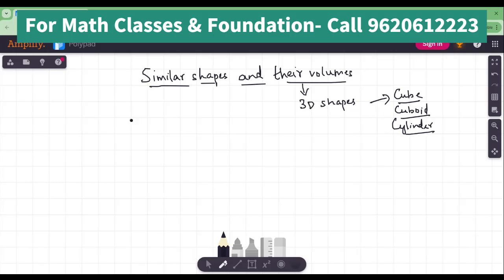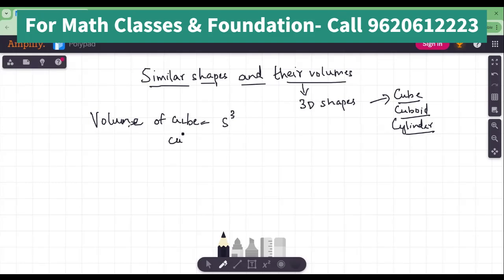Okay, a quick recap. Volume of a cube is given by S cube, where S is the length of the side.